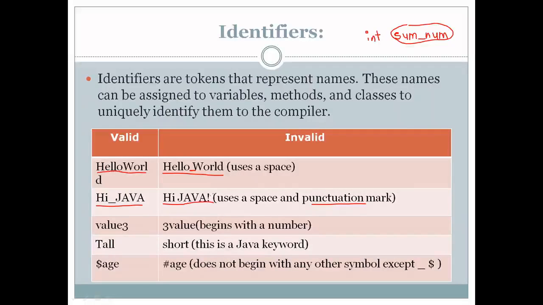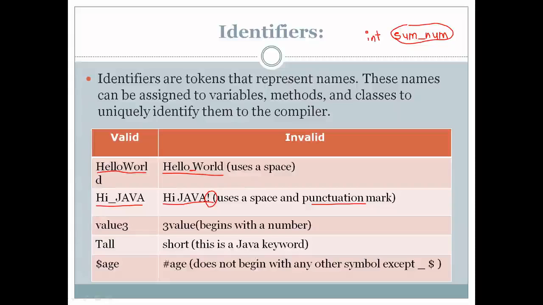We have used a punctuation mark, that is exclamation symbol here, and that is invalid identifier. This particular symbol cannot be used in the variable names or method names or class names. Remember this, because all those names you are going to use for classes, methods and variables. So punctuation marks you cannot use in the identifiers. Even space cannot be used. Most of the students make mistake while declaring variables. They give space for class name or variable name, but space cannot be used.